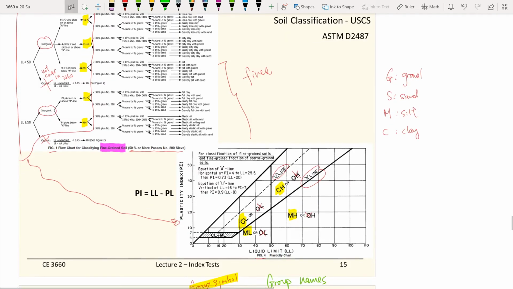In figure 4, the x-axis is the liquid limit and the y-axis is the plasticity index. We learned this about two slides ago: the PI equals the liquid limit minus the plastic limit, and those liquid limit and plastic limit values are the Atterberg test results. They should be given to you in homework, laboratory, or exam settings.